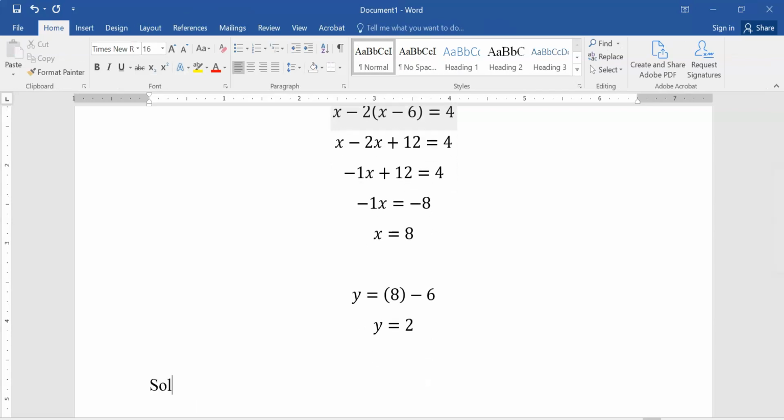So the solution to this problem is the point 8, 2. So there you go. That's the idea of substitution. Let's do one more problem just so that we hammer down the point.